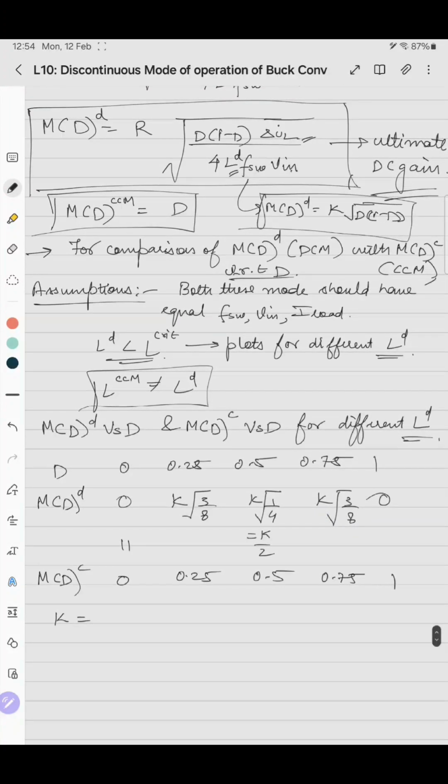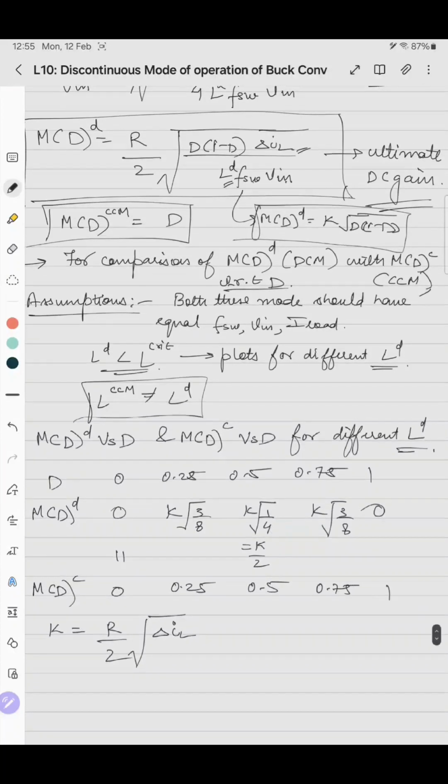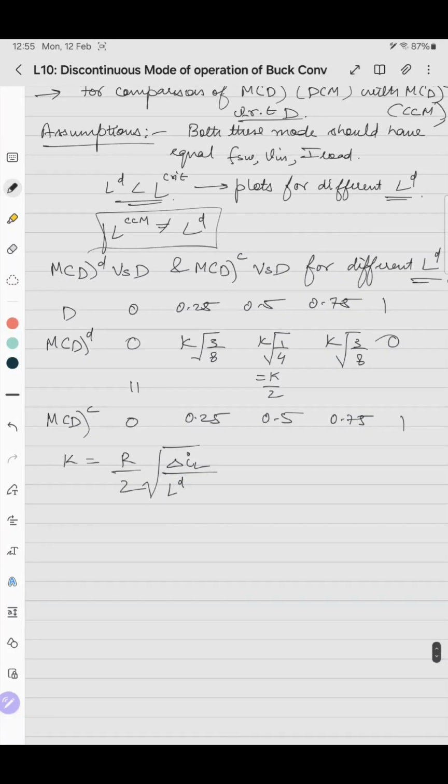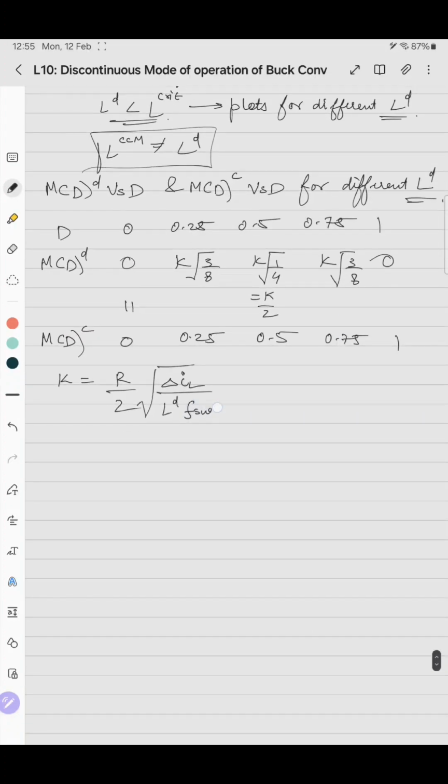K is r by 2 square root of L into f switching, whatever the equation is. So we have to compare whether K-based value is greater or D is greater, because the continuous value equals D. What we observe is that the discontinuous value is greater than or equal to D for lower duty ratios.